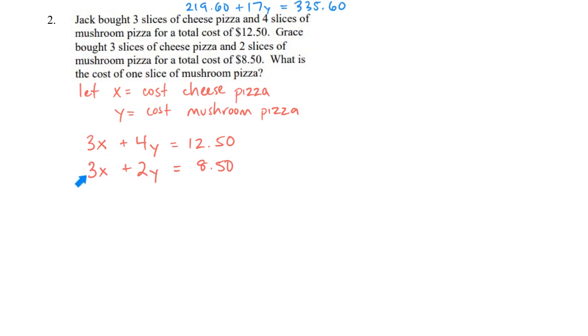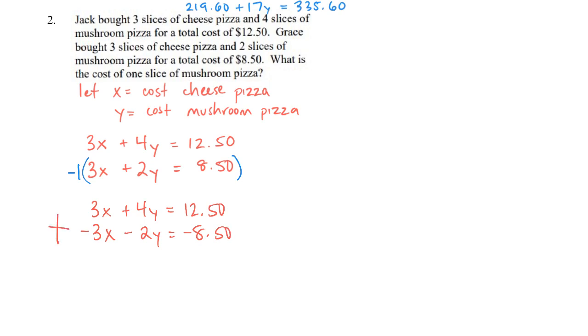I notice that I've got the same number in front of x. That's what we want, but we do want one to be positive and one to be negative. So I'm going to multiply through the bottom equation by -1. The top equation stays exactly the same, but the bottom equation is now -3x minus 2y equals -850.